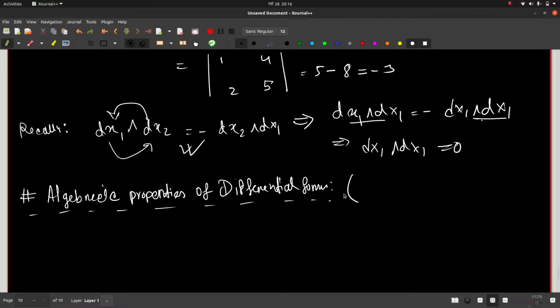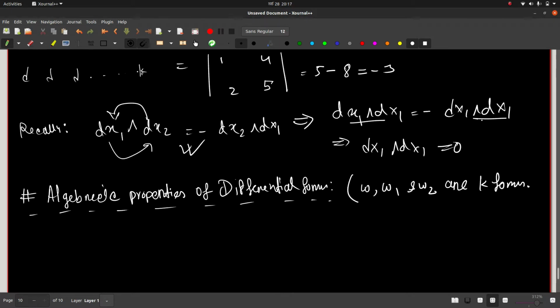So let's say omega 1 and omega 2, all of these are k forms. That means they are differential k forms. If you want to count it in a novice way, there are k amounts of d. That means d k times. Okay, this is one way to think of it. And eta 1, eta 2, and eta 3 are L forms. Then the following properties hold.